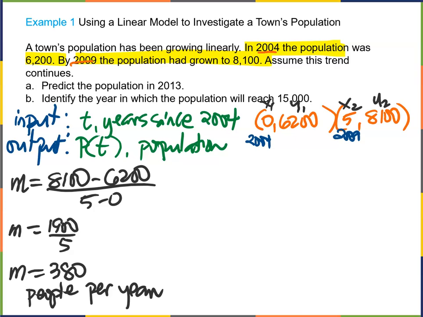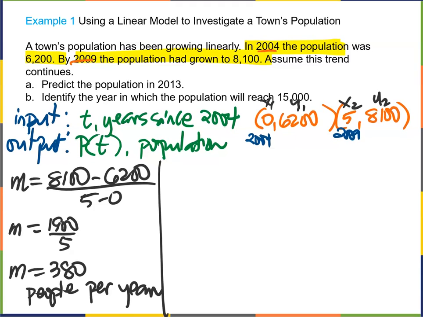And now with this, we'll be able to write our equation. So P of t is equal to 380t plus our y-intercept, that is when x is 0, which is 6200. Okay, so take note of this. This is our equation.